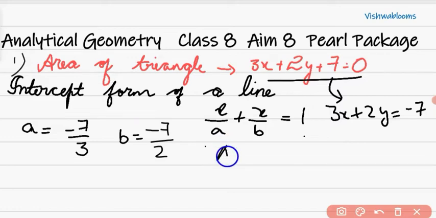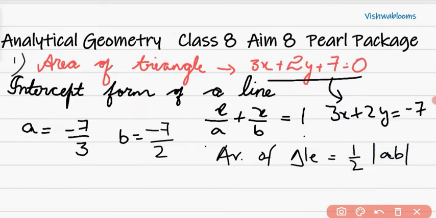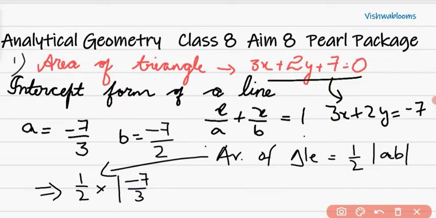Then we are supposed to find the area of the triangle. So what is the formula for finding the area of a triangle? It is half into modulus of ab. Modulus in the sense whatever is in the modulus, it is going to be positive. Now first, half into modulus of a, which is minus 7 by 3, into b, which is minus 7 by 2, which is enclosed in the modulus.